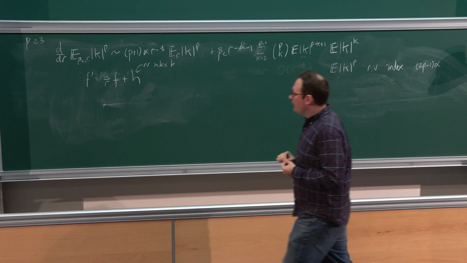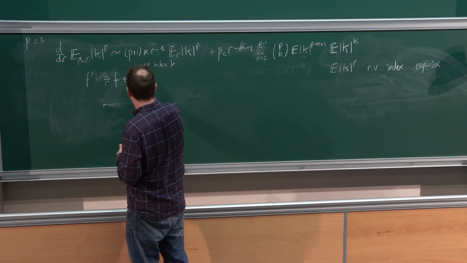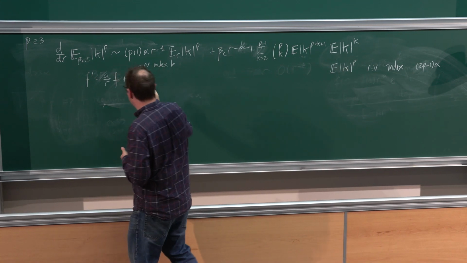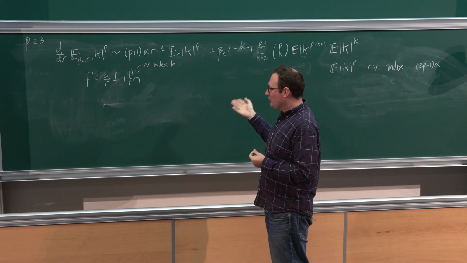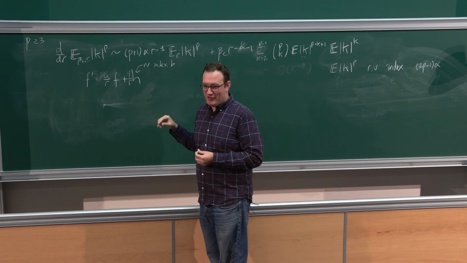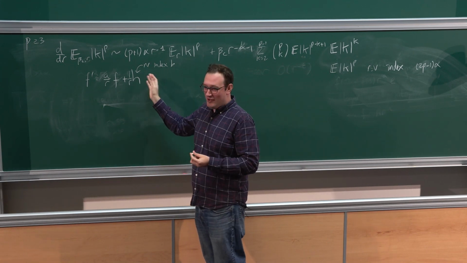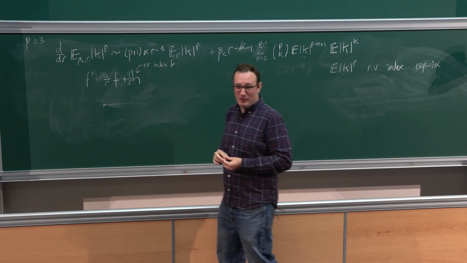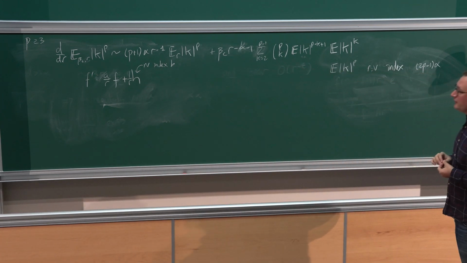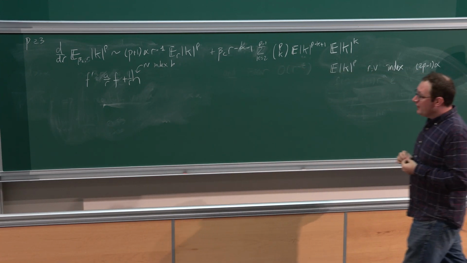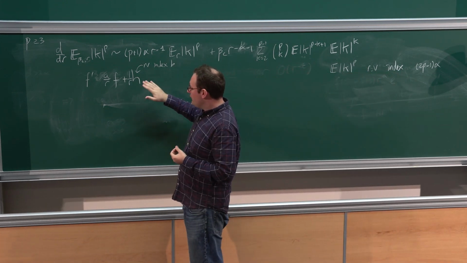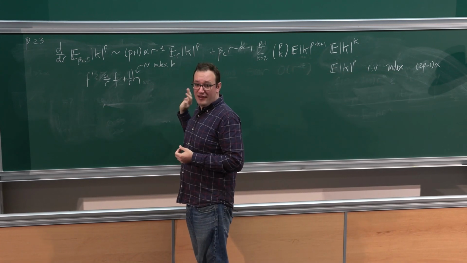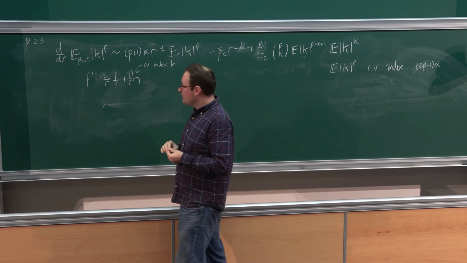Okay, in fact, I might depart from my notes, and everything works a bit nicer if you also have a 1 over r term here. Of course, it doesn't matter whether you have one or not. You just shift the index up or down by 1. Okay. Now, it turns out that this kind of ODE has very different behaviors.